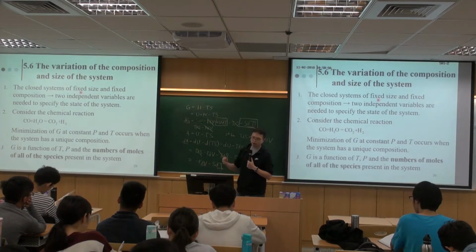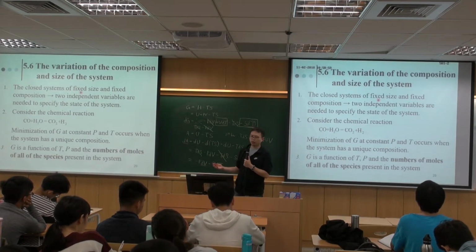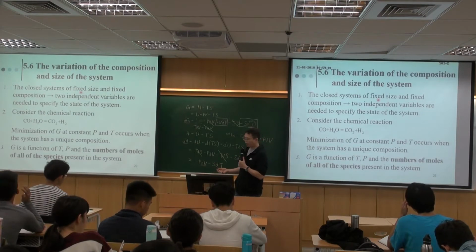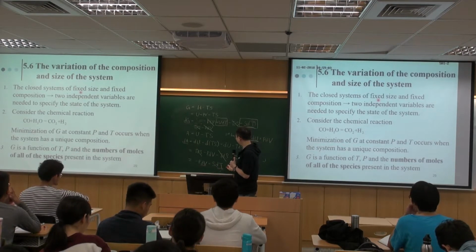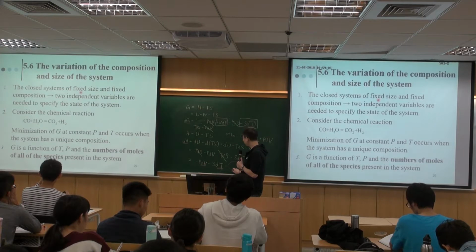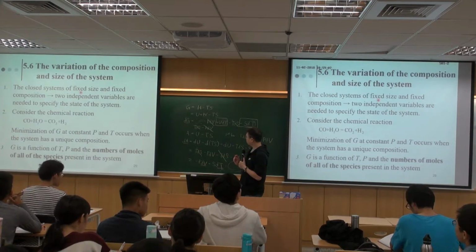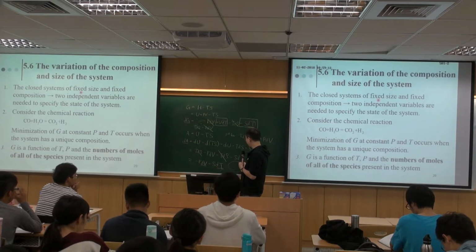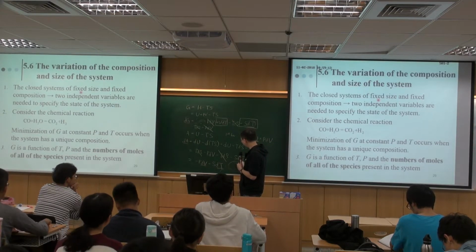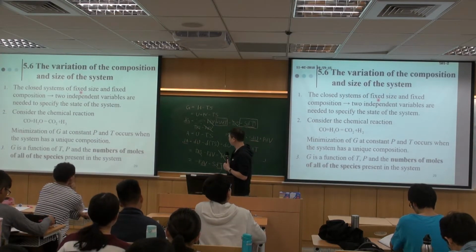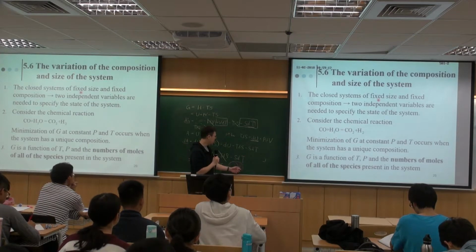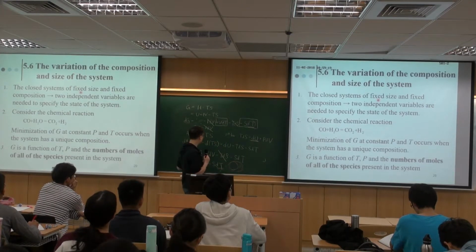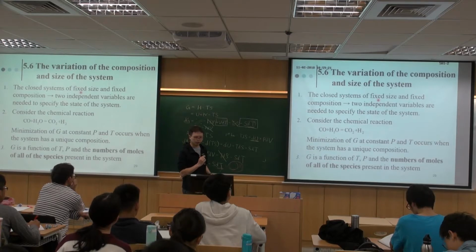But if your composition is going to change, then you need to introduce some other terms. For instance, we know that the change of number of particles can be expressed as dn. Then something related to dn has to be added to the original expression.